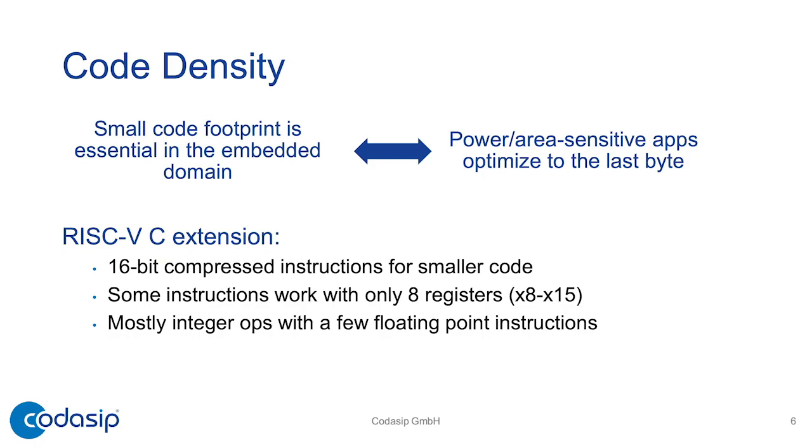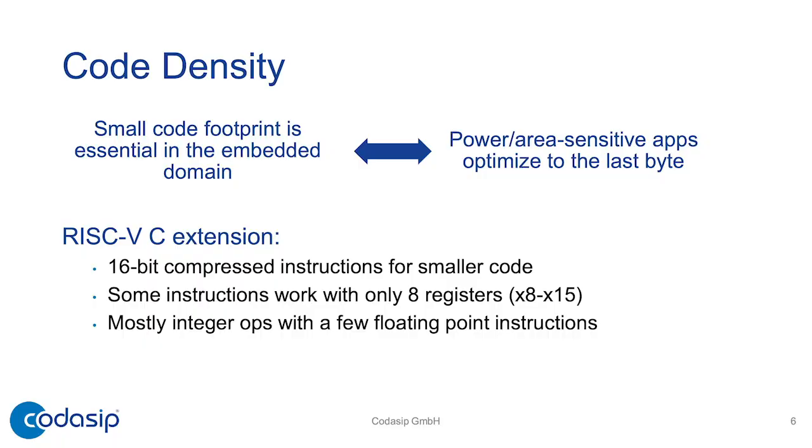The C extension is a set of 16-bit instructions. Some of them can work with the whole register set, and some of them can work with only 8 registers. This is important because it's tied with the extensions that we did. Most of the C extension works with integers. There are some loads and stores for floating point extensions, but the main part is for integers.